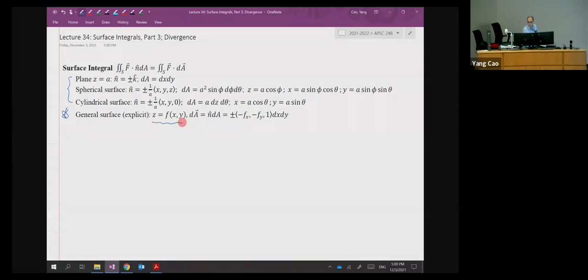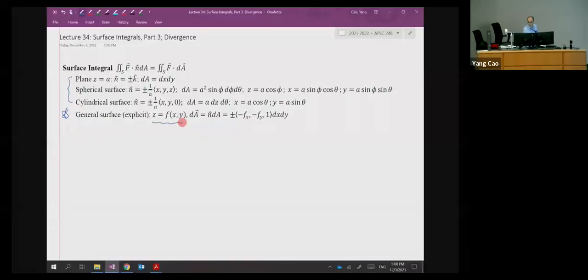Let's see, where is the sharing here? Can you see my screen? Okay, so I cannot see on my computer here. Okay, good.